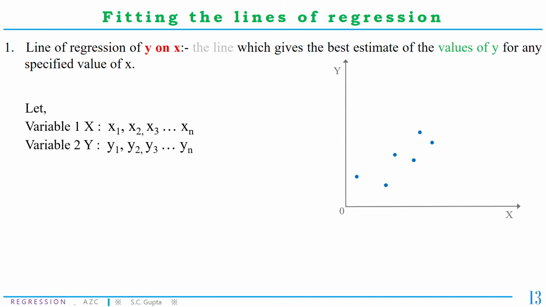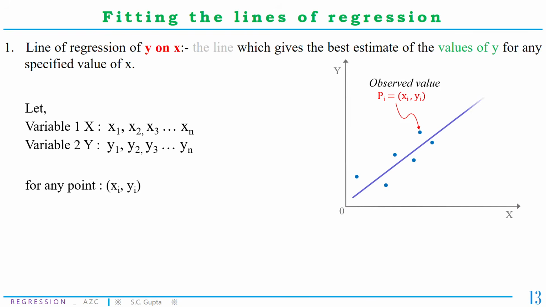In this plot, dots represent the points of observed values, generally represented as xi, yi. Let's draw the best fitting straight line for the current condition. This is the line of regression of y on x. Now, for the line of regression of y on x, the estimated points of the observed values are located on the line of regression, as shown in this plot.